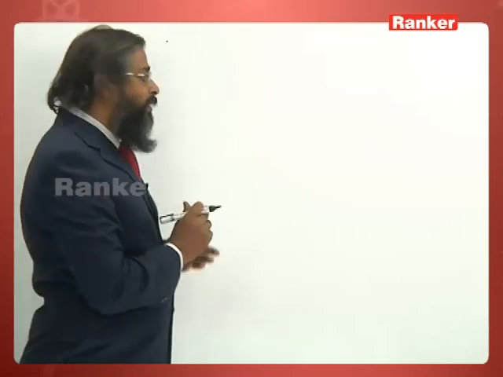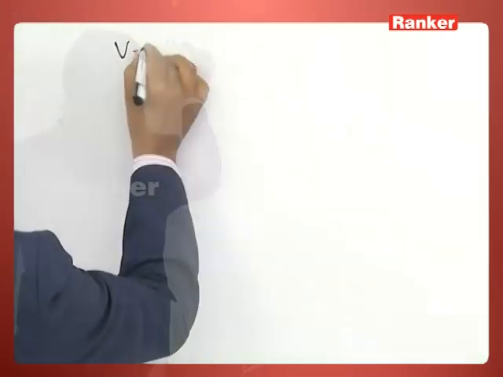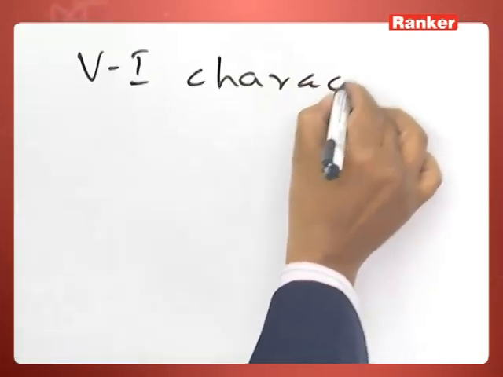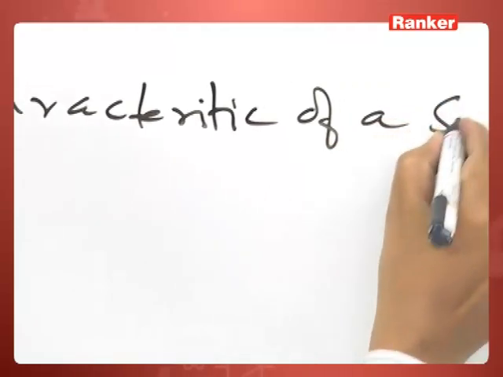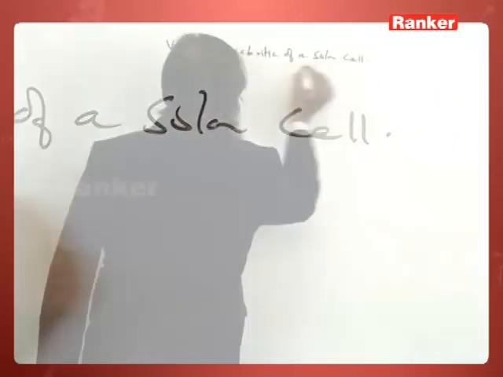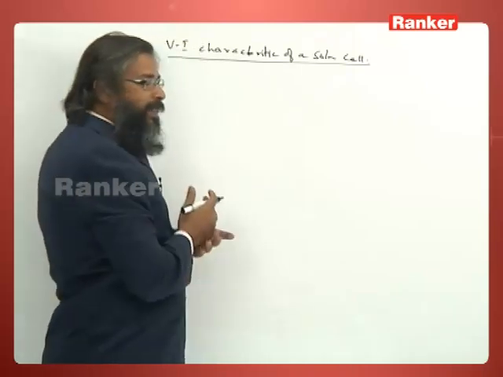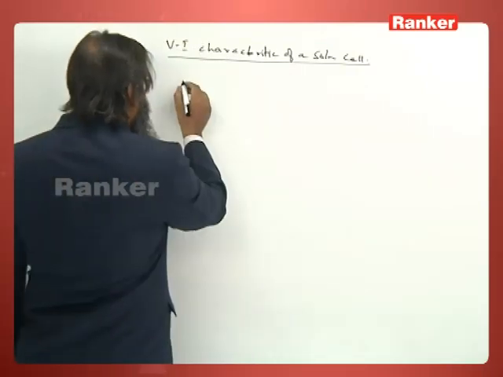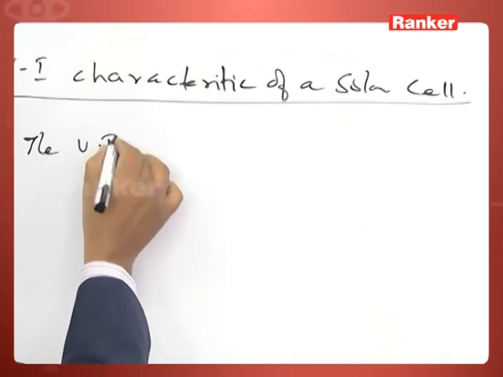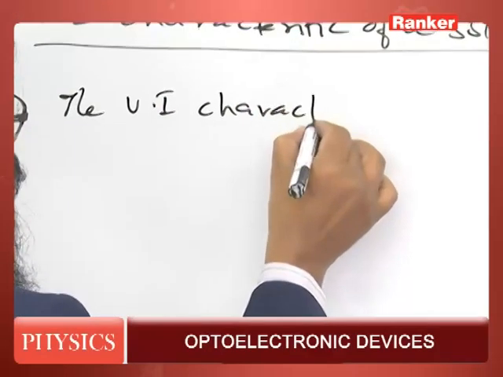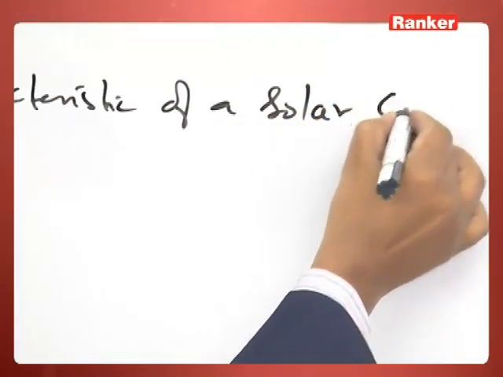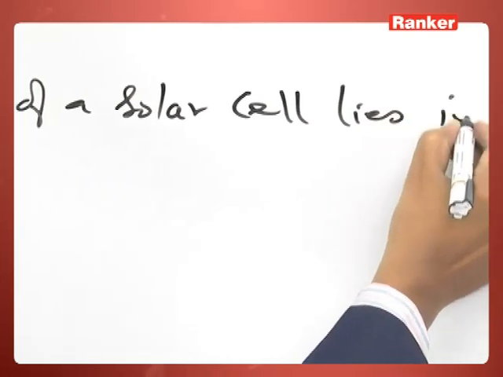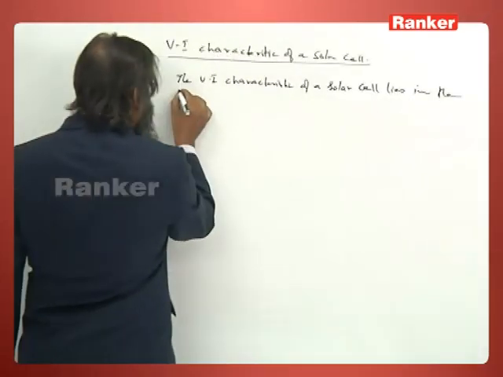So now come to the VI characteristics of a solar cell. You see, the VI characteristic of a solar cell lies in the fourth quadrant.